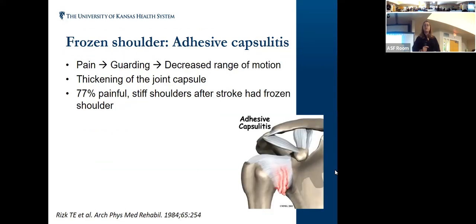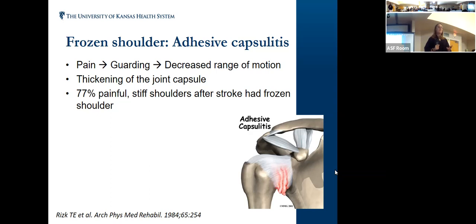All right, so then we talked a little bit about frozen shoulder, but here is some more information. Remember, if you have shoulder pain that over time just hurts and doesn't get better, probably you're not going to move it as much. We call that guarding, where you're like, it hurts, don't move it, I don't want to do it. If you guard it long enough, you're going to lose range of motion.